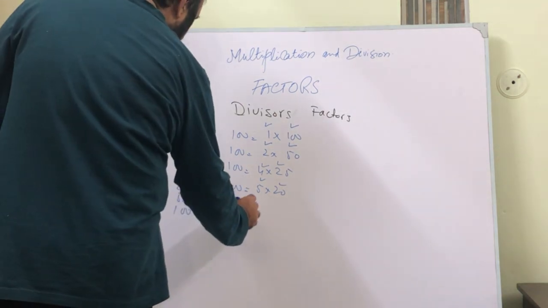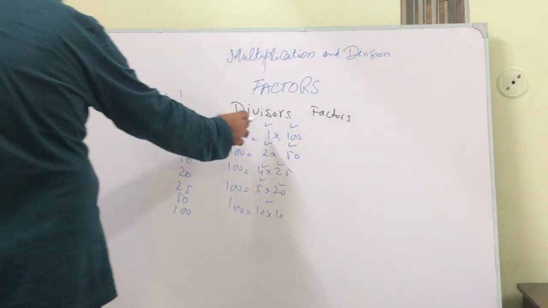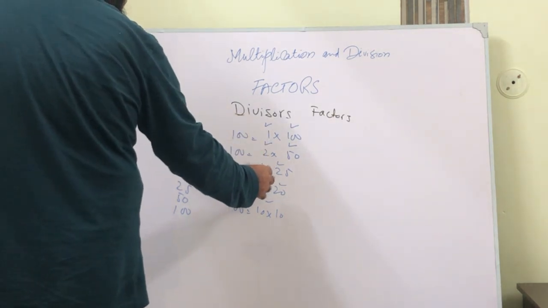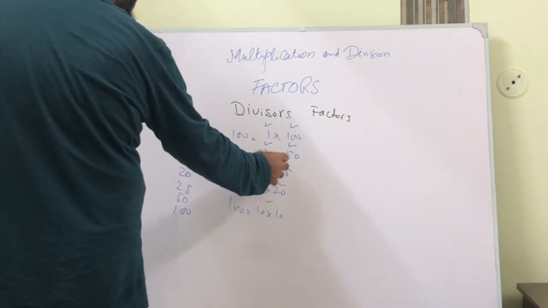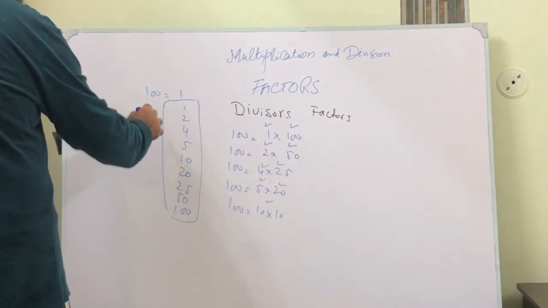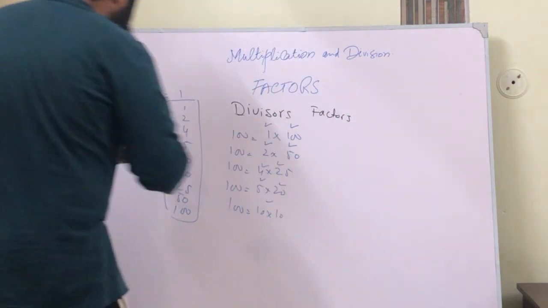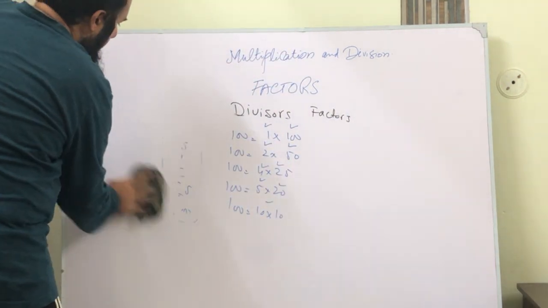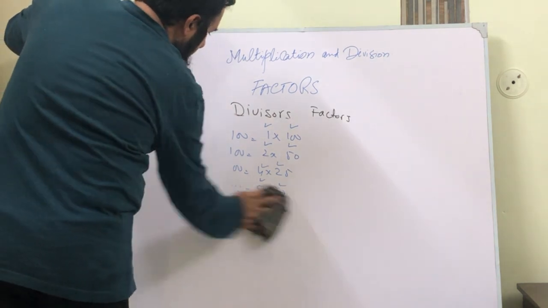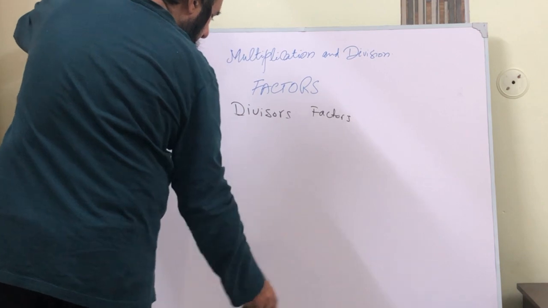Then we have 10 tens are 100, so 10 is also a factor. So 1, 2, 4, 5, 10, 20, 25, 50, 100. These are the factors of number 100. Okay, so you need to have strong memorization of tables to do this chapter, because both in division and multiplication we need the tables.